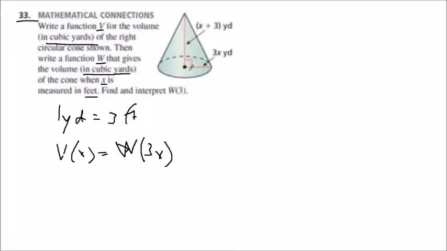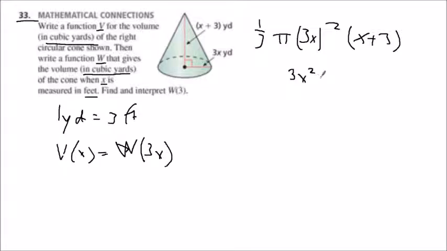So the volume of a cone is 1/3 pi r squared, so r is 3x squared, and then multiply that by the height, so x plus 3. So then we have 9x squared, 1/3 of that is 3x squared, 3x squared pi, x plus 3.